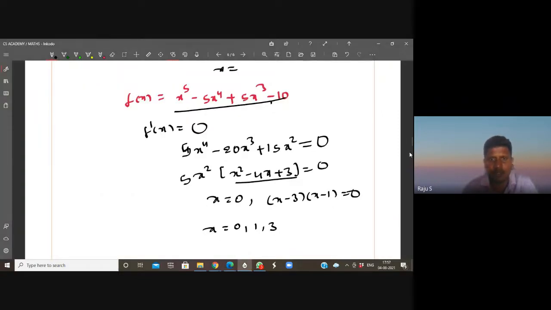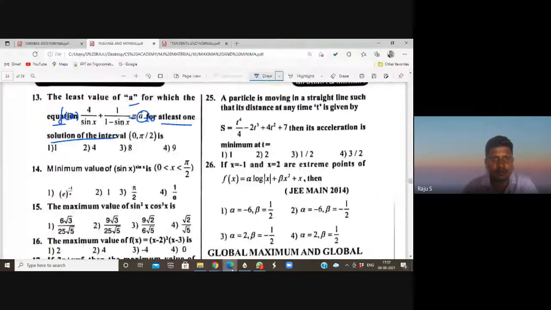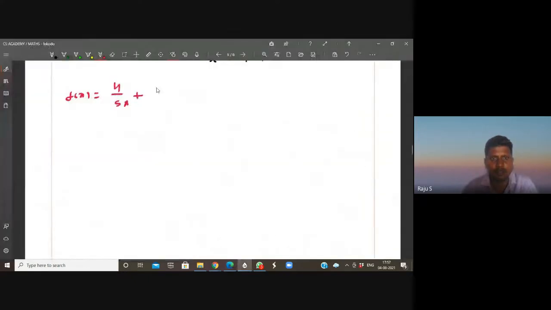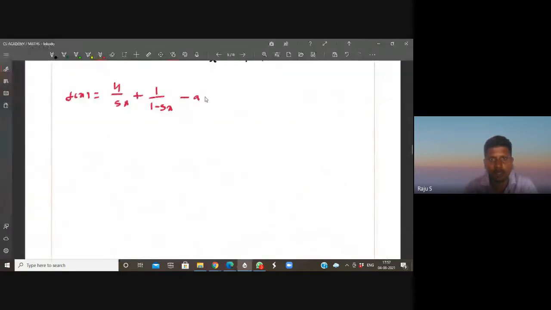Okay, tell me, what is f of x here? f of x is equal to 4 by sin x plus 1 by 1 minus sin x minus a. So what is the f dash of x?